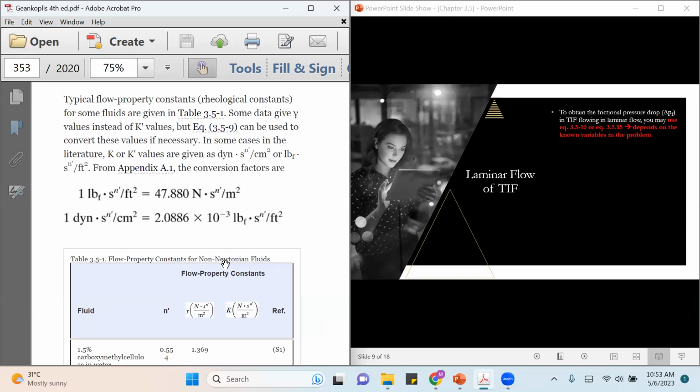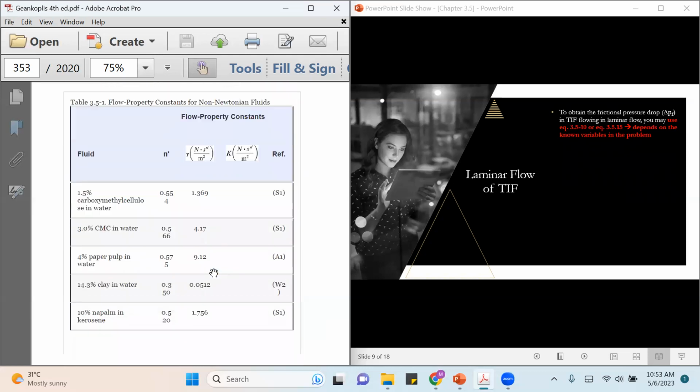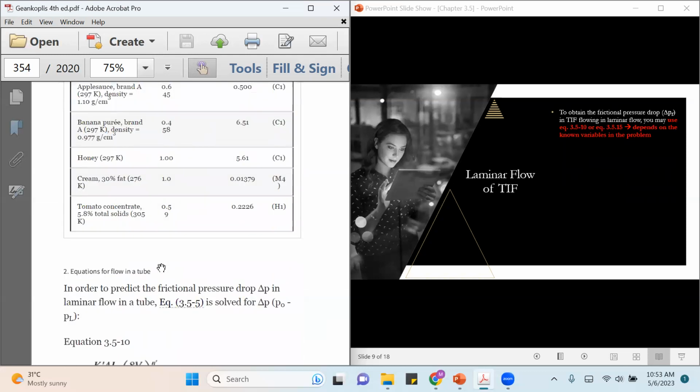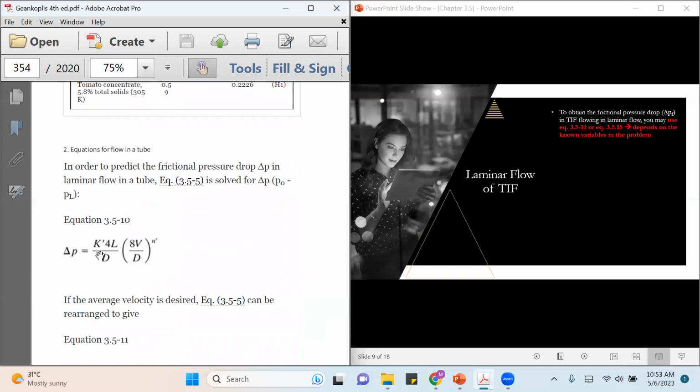Non-Newtonian fluid will also have delta P. Now to obtain this frictional pressure drop, or pressure drop caused by friction, you may use equation 10 or equation 15. Later we will discuss it. How do we know when to use equation 10 and when to use equation 15?